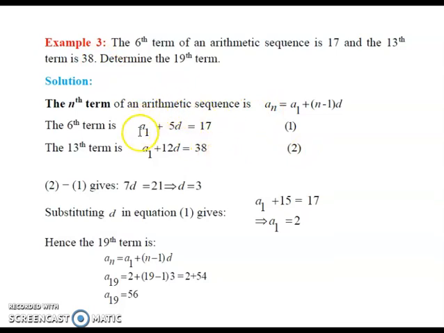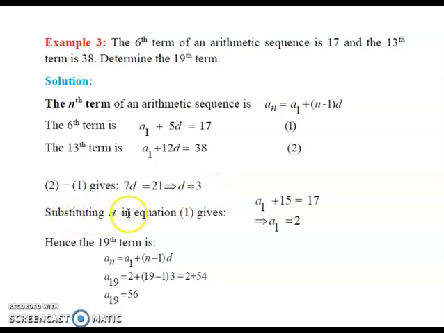From these two equations, we eliminate the a1 value, and we will get the common difference. So equation 2 minus equation 1. a1 minus a1, 0. 12d minus 5d, 7d. 38 minus 17, 21. From this, common difference d is equal to 3.